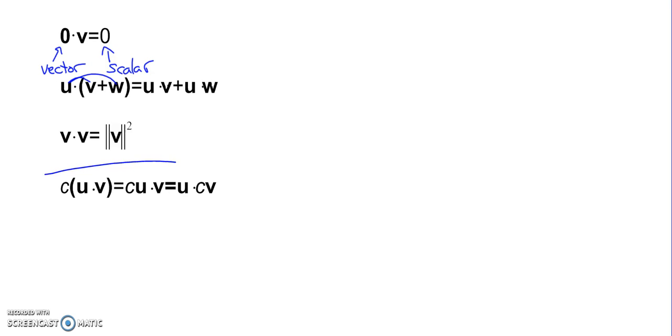And then this is the tricky one, because you cannot distribute a constant into a dot product. You can multiply the constant times one of the vectors and then dot product, or you could do the dot product and multiply by the constant, but notice it can be written three very separate ways. Order of operations is extremely important in this last one.